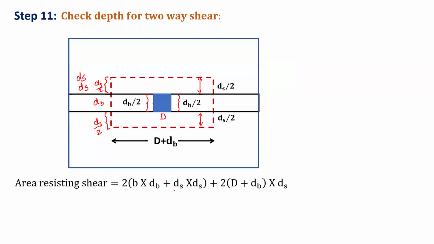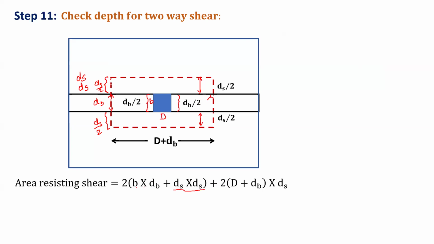So this will be ds into ds. Now in this region, this is width of beam B, and depth available here is dB. So total we have B into dB, and that is on both sides, so we have twice of this.